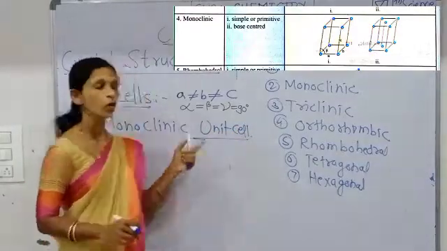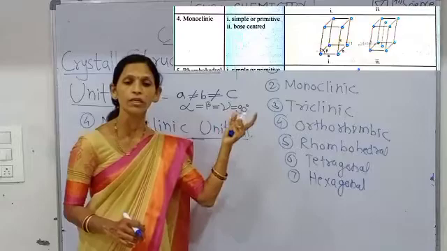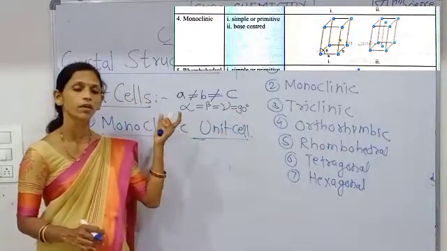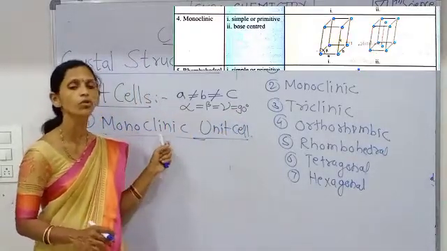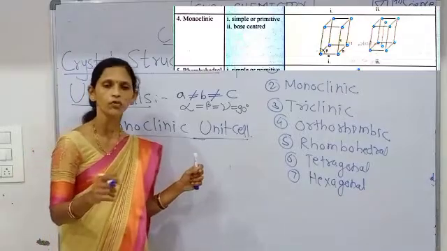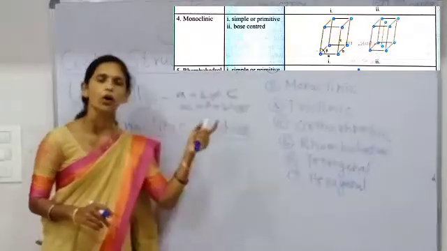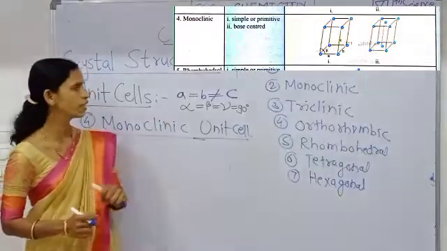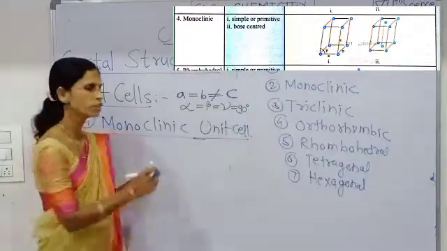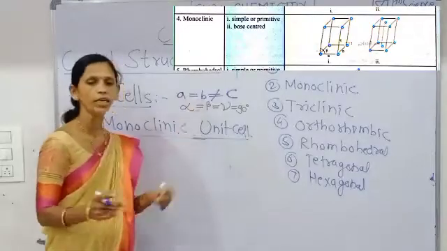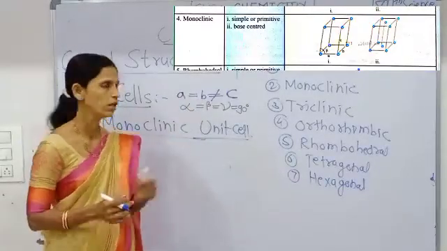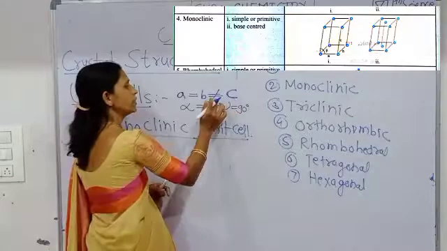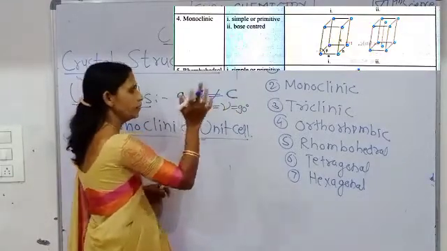See here, observe the figure, observe the diagram of that monoclinic unit cell, in which A and B edge lengths are equal and C type of edge length is not equal to A and B.